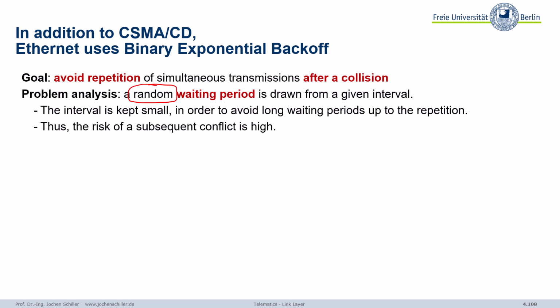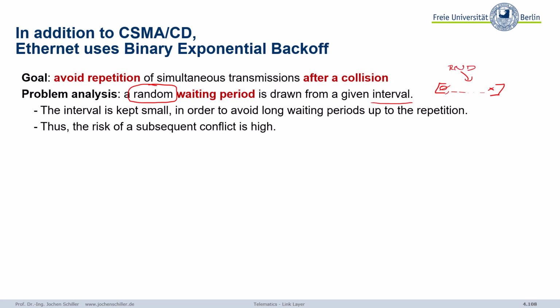Random, we have a certain interval, okay? We have a certain interval, and waiting there, okay, maybe I'm in a hurry, so I don't wait, but it's random to some value, x. So we pick a random value here. That's the idea.